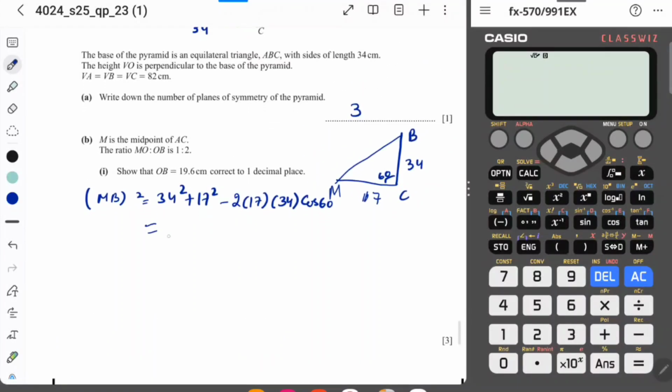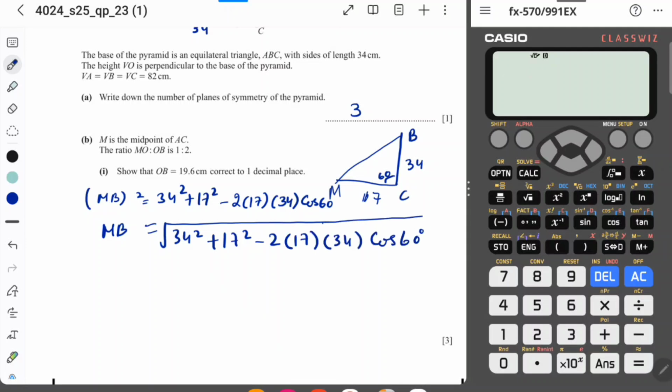All right, so we are calculating the square root of 34 squared plus 17 squared minus 2 times 17 times 34 times cos 60, bracket close, equals 17 square root 3.